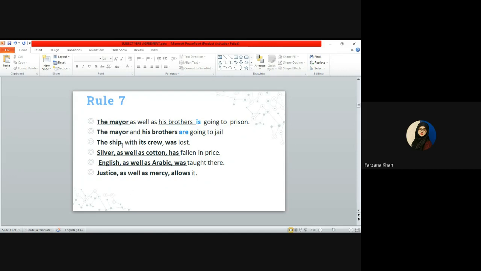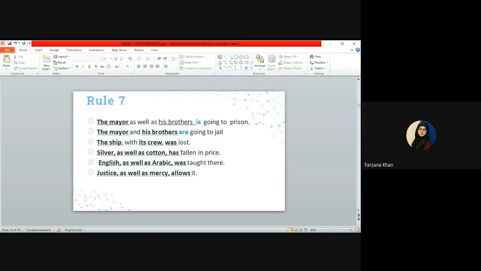So here silver is the subject, which is singular. So we have added a singular verb according to the first subject, the first singular noun. In another sentence, you can see English as well as Arabic was taught there. So was, which is a singular verb, has been used according to the first subject, which is English.